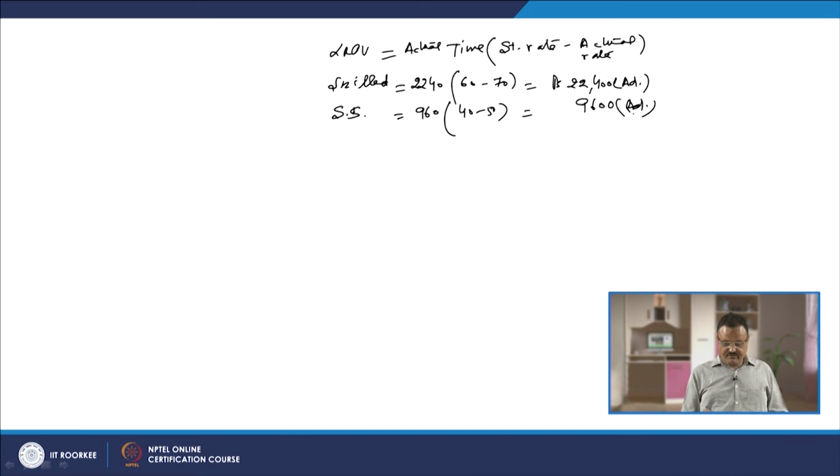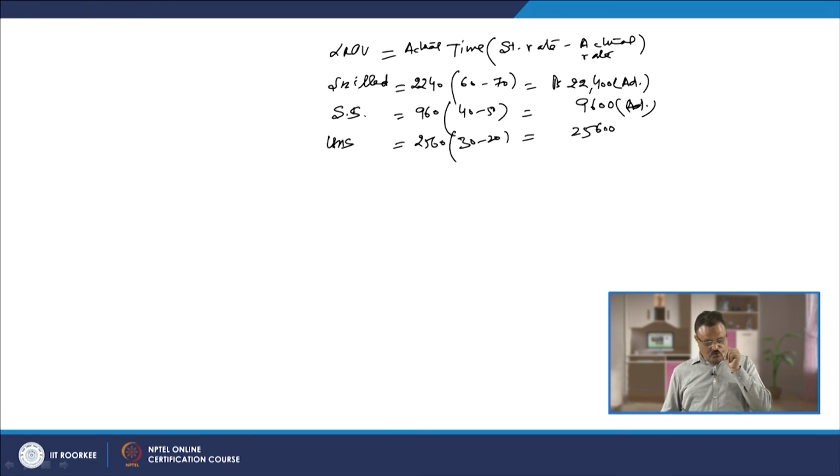Now if you calculate for the unskilled, this will be 2,560 into 30 minus 20. This comes out as 25,600, and this is favorable.